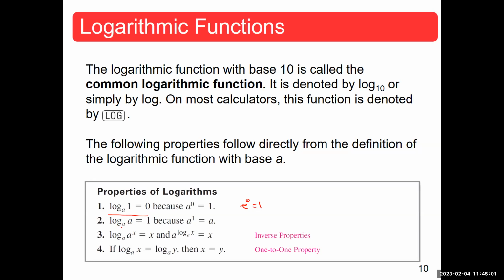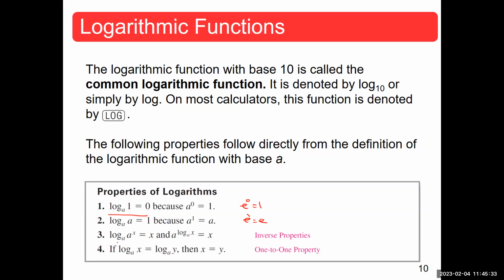Now, log base a of a is equal to 1, because a to power 1 equals a, like e to power 1 is equal to e. So really important to remember, when the base is equal to the number I'm looking for, log base a of the same value is always going to be 1.